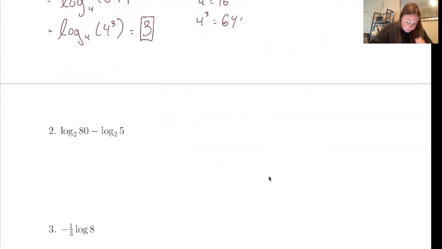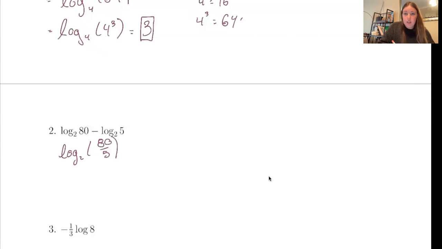So next one, log base 2 of 80 minus log base 2 of 5. Log base 2 of 5 is, I literally don't know. It's not even like a fraction like 1/2 or 2/3 or something. So this is where the laws of logs are really useful. So log base 2 of 80, they're subtracted, so when I combine them, they're going to divide.